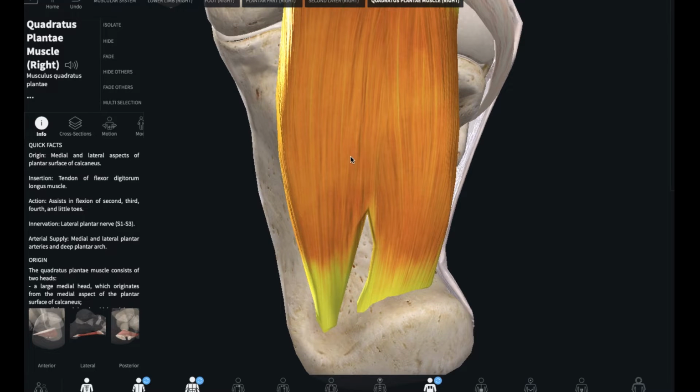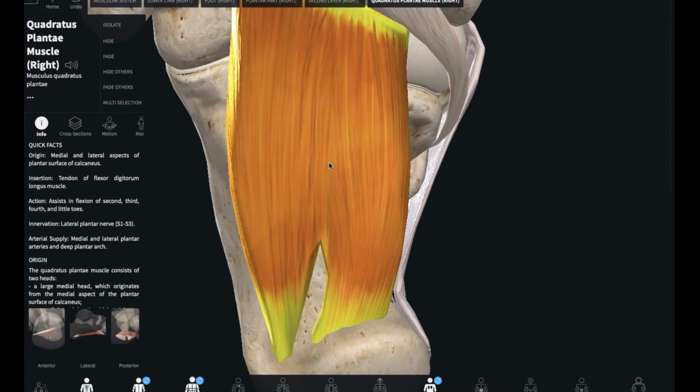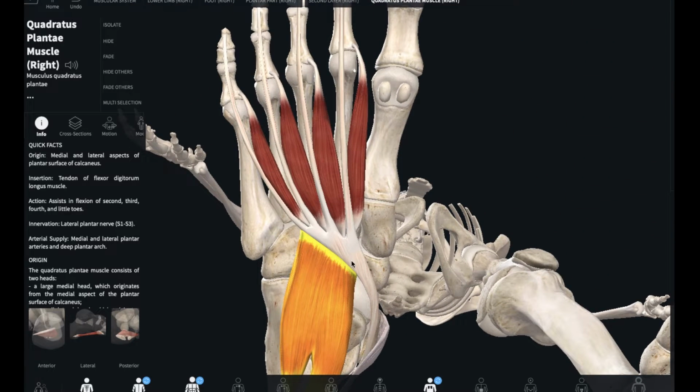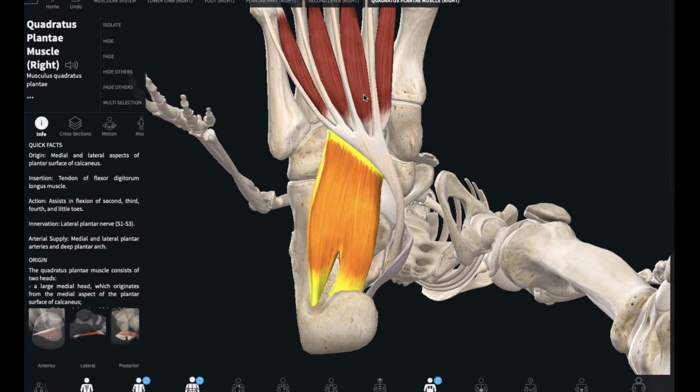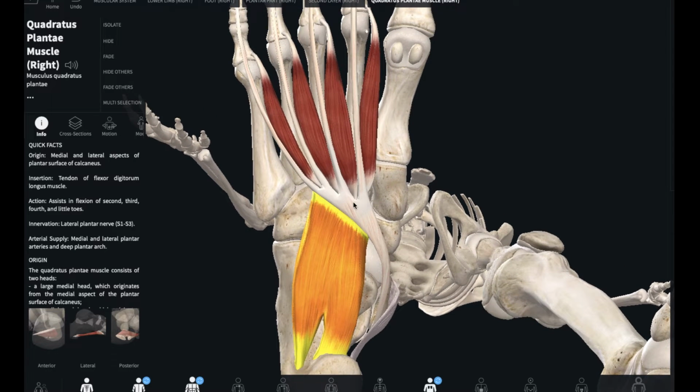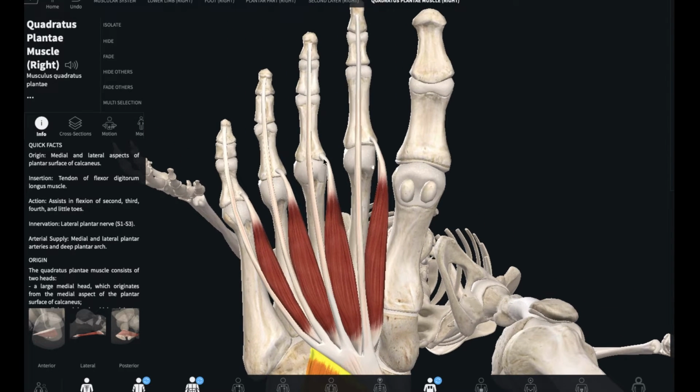The insertion for this one is the actual tendon of the flexor digitorum longus muscle. And it assists in flexion of the second, third, and fourth, so basically the digits 2 to 4 in flexion, which would make sense. Maybe this pulls onto this muscle, and therefore this muscle is attached and assists with pulling these.